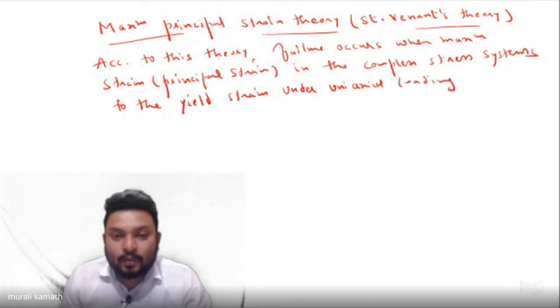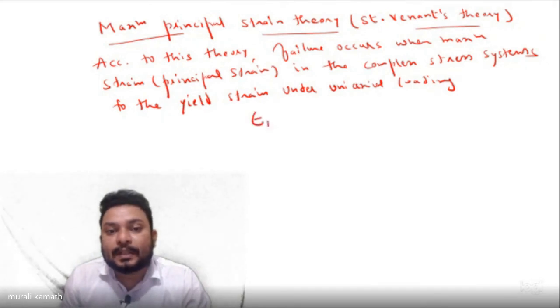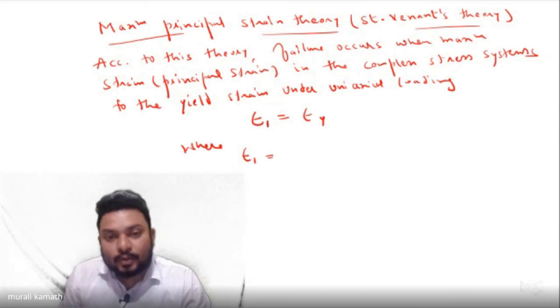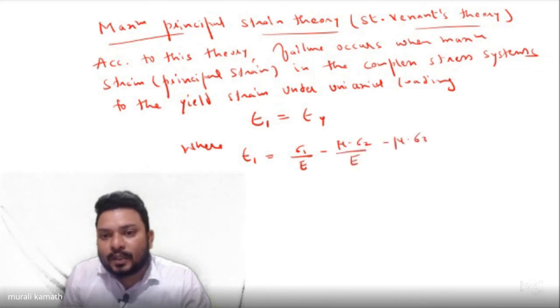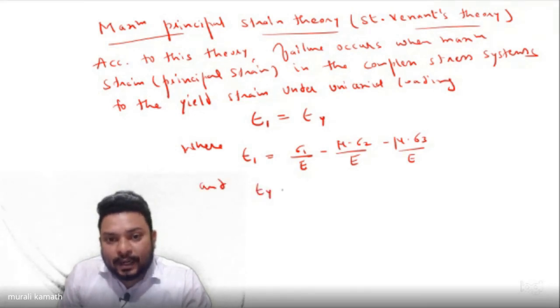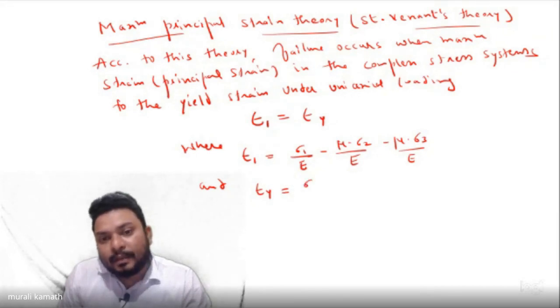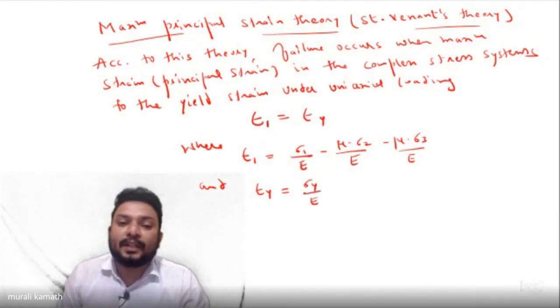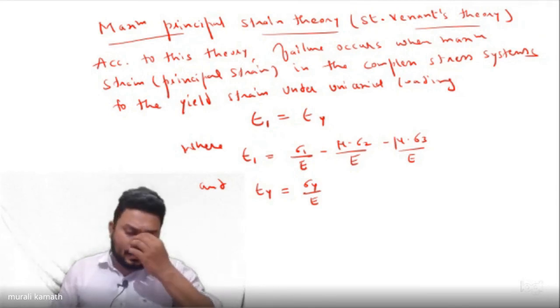Okay, so now principal strain is sigma 1, that is equal to your yield strain, right? So now apply your applications of Hooke's law, that is strain is equal to sigma 1 by E minus mu times of sigma 2 by E minus mu times of sigma 3 by E. So your strain in y direction will be simply sigma y by E. What is stress?